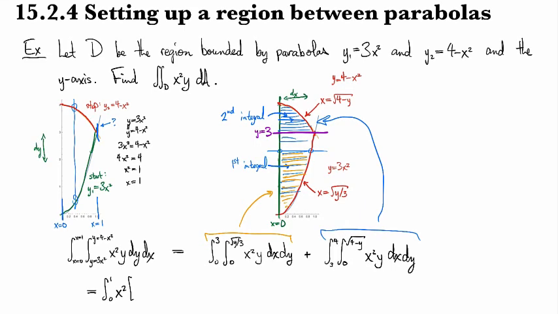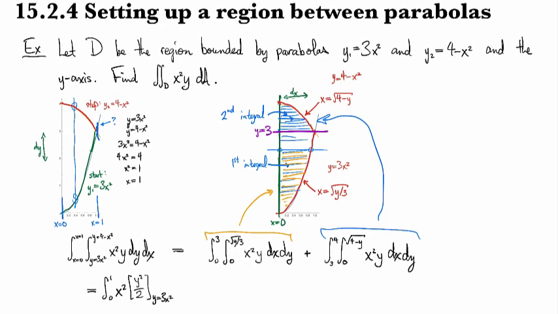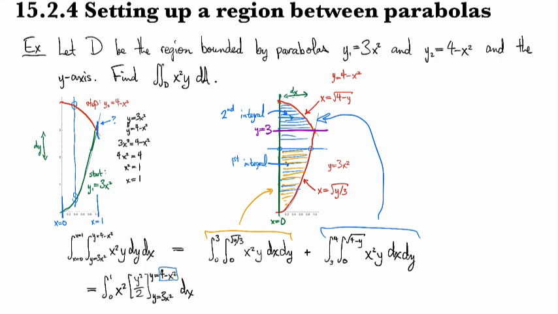And we integrate the y to get y squared over 2 and evaluate it from 3x squared. And let me emphasize, this is for y equals 3x squared up to y equals 4 minus x squared dx.